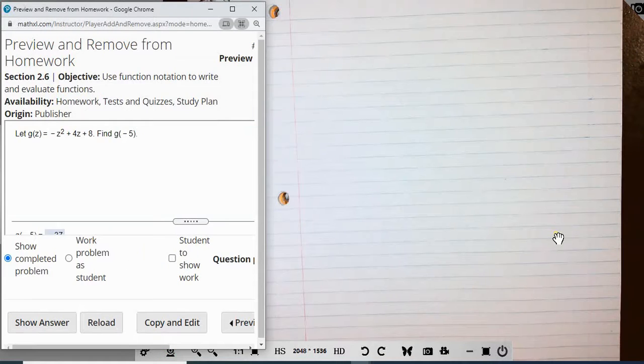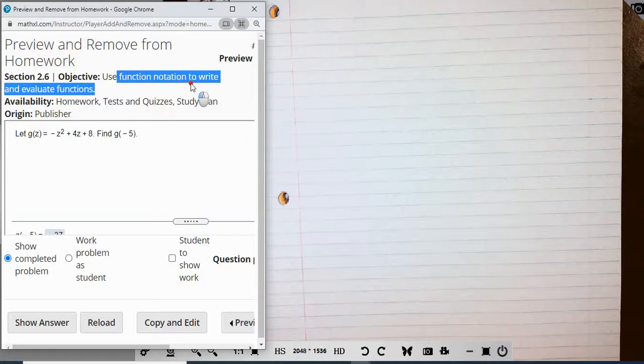All right, so we finally are at the last question from the final exam that deals with Chapter 2. If we look at our objective here, we're going to use function notation to evaluate the function. What we have here is a function g of z, illustrated here: -z² plus 4z plus 8.